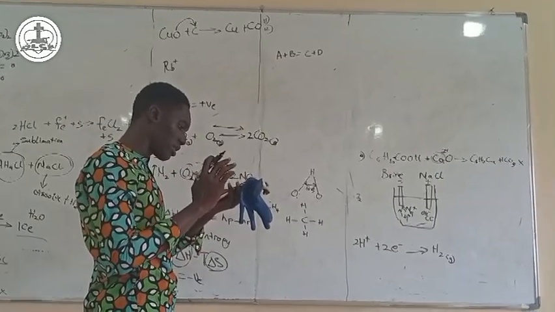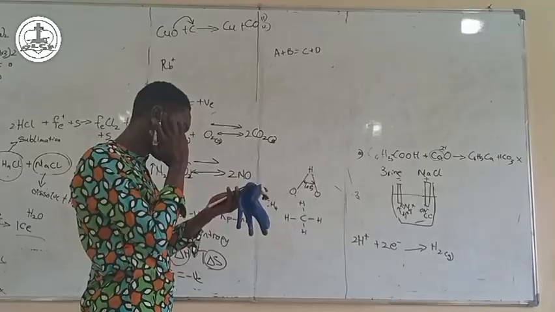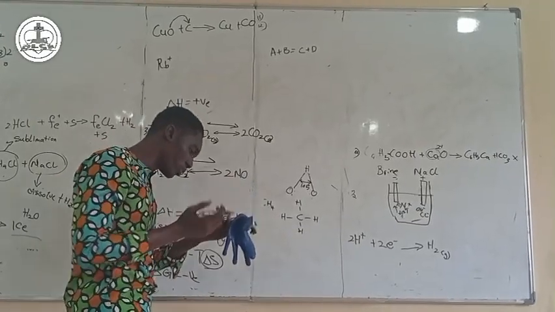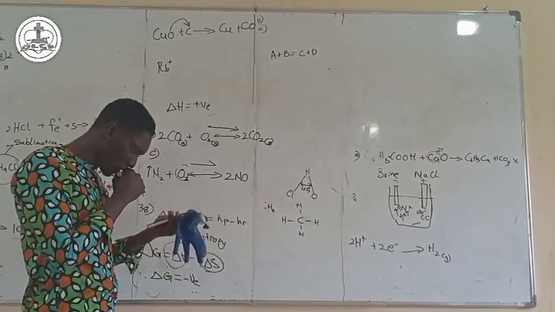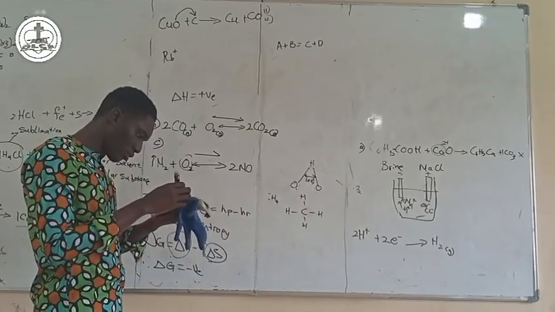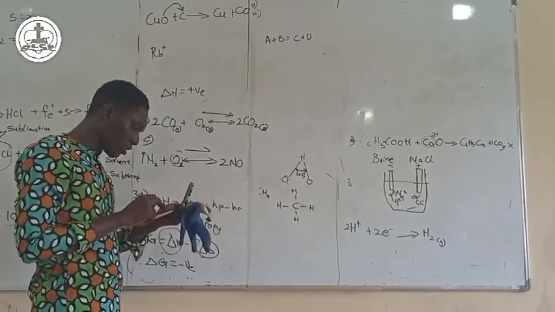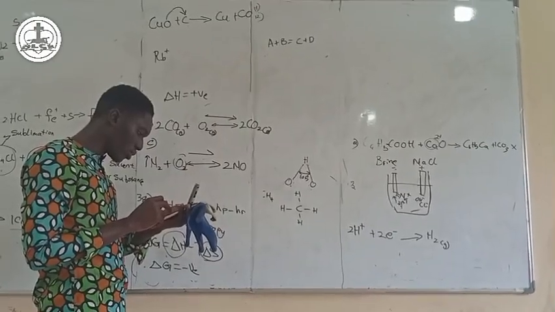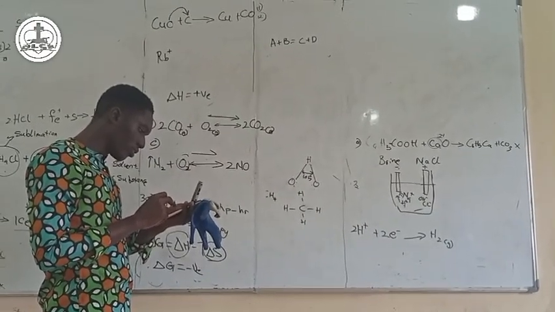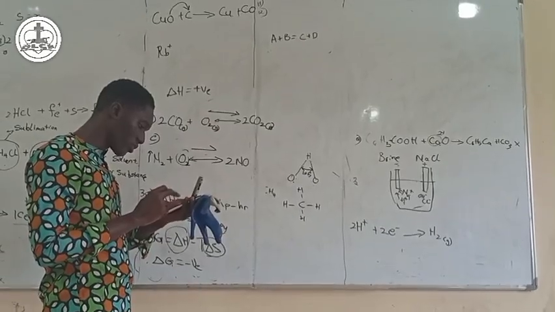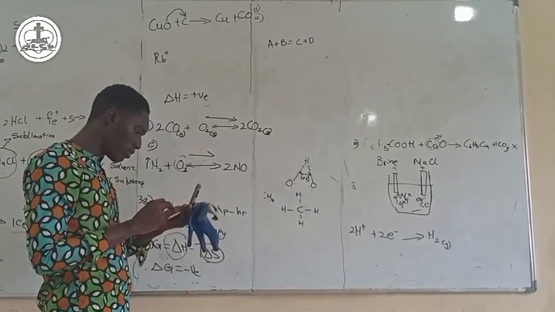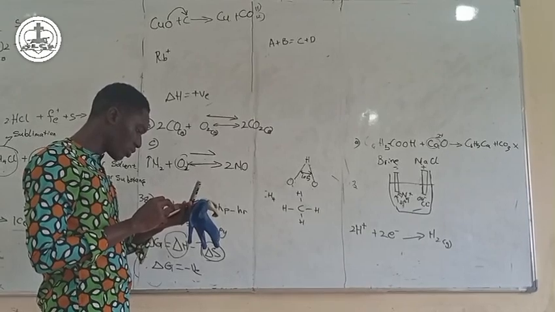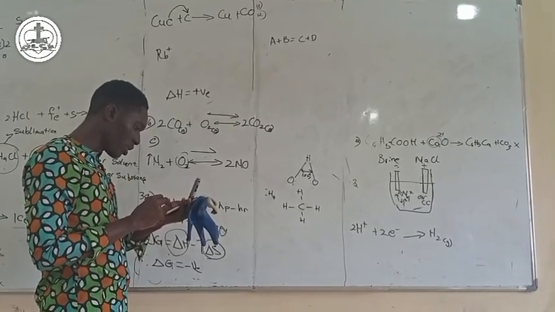A, if the concentration of A is reduced, B, if the concentration of B is reduced, C, if the concentration of C is reduced, D, if the concentration of C is increased, and E, if it is continuously removed from the reaction.